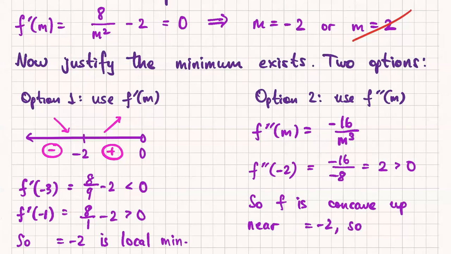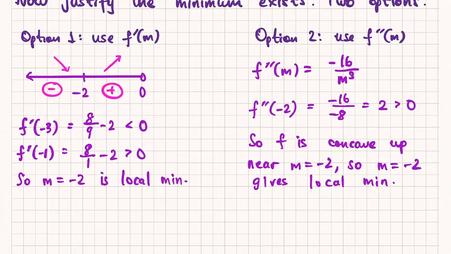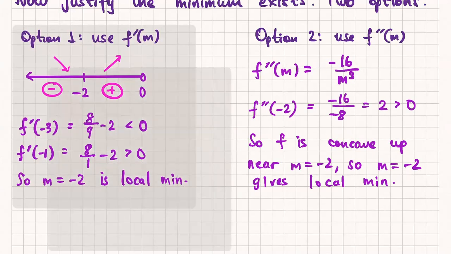I keep using x. It should be m, right? So m equals -2 gives local min. And again, you can use one option or the other, whichever one you like. There's really no preference.